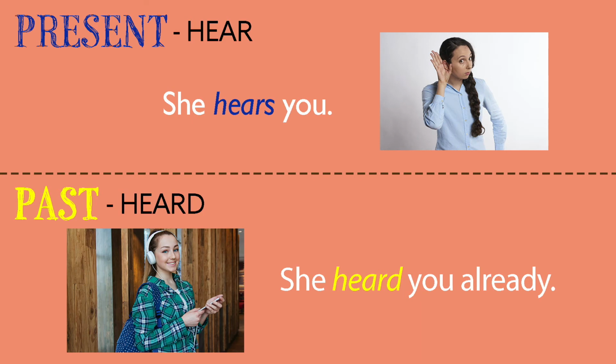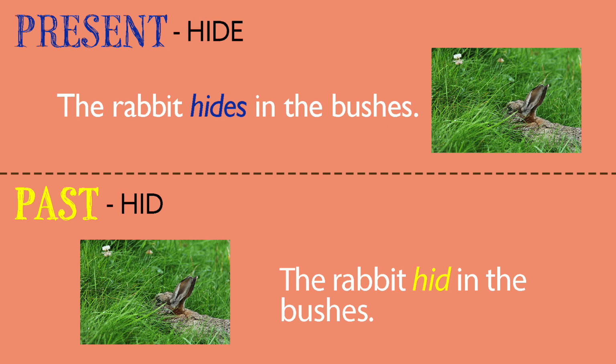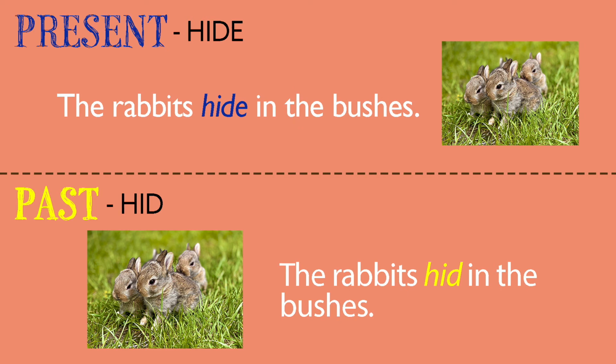Hear. She hears you. Heard. She heard you already. Hide. The rabbit hides in the bushes. Hid. The rabbit hid in the bushes. Hide. The rabbits hide in the bushes. Hid. The rabbits hid in the bushes.